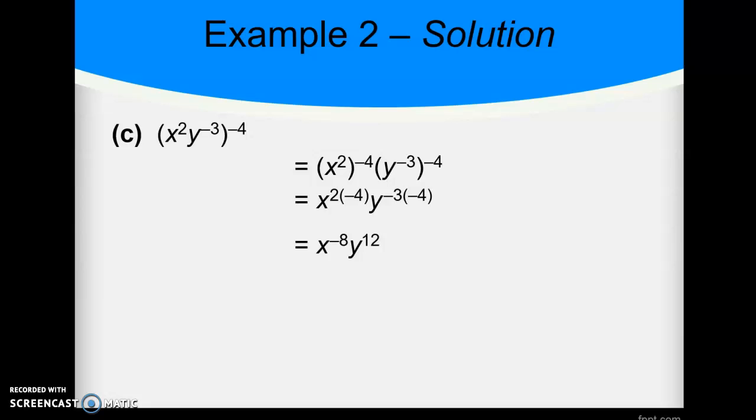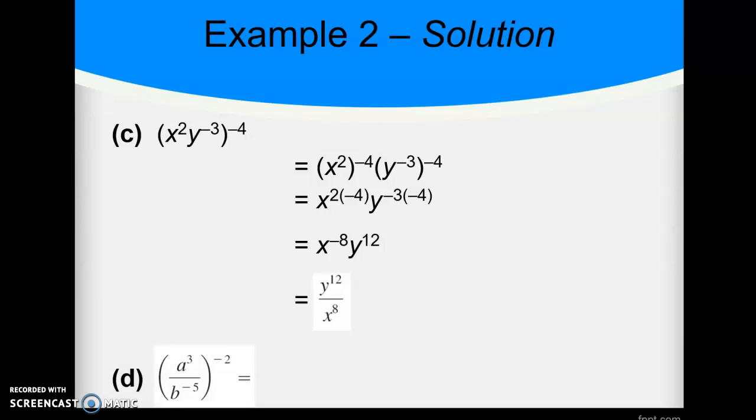We're not done because there's a negative exponent in there. It's on top. We can move that x down to the bottom, only the x, because it's the only thing that has a negative exponent. And when we do so, it's going to become x to the +8 on bottom. The y to the 12th just stays up where it is, and they can be written in the very same fraction, y to the 12th over x to the 8th.